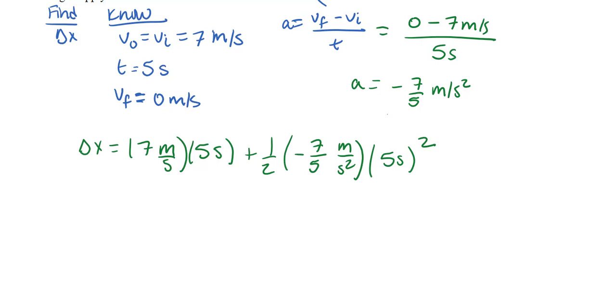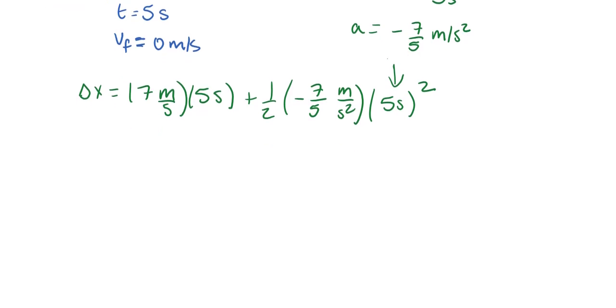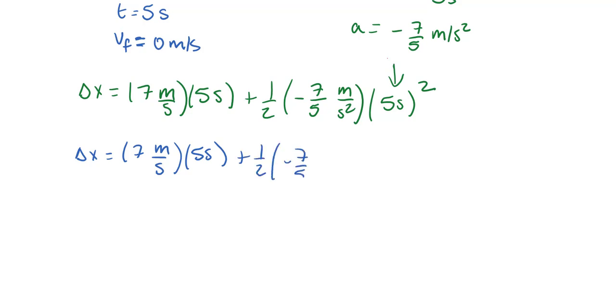Let's first deal with our exponent, then we'll deal with our multiplication, and then we'll add finally, following our order of operations. So this is 25 seconds squared, because 5 times 5 is 25.